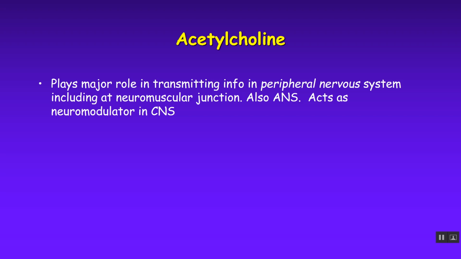In the central nervous system, though, it does play a role as a neuromodulator, okay? So think about acetylcholine as a neurotransmitter in the peripheral nervous system, especially at the neuromuscular junction. And when we get to the autonomic nervous system, you'll be seeing acetylcholine coming into play when we talk about muscarinic, nicotinic receptors and all that stuff and how it influences responses of the target tissues that it's innervating, okay?